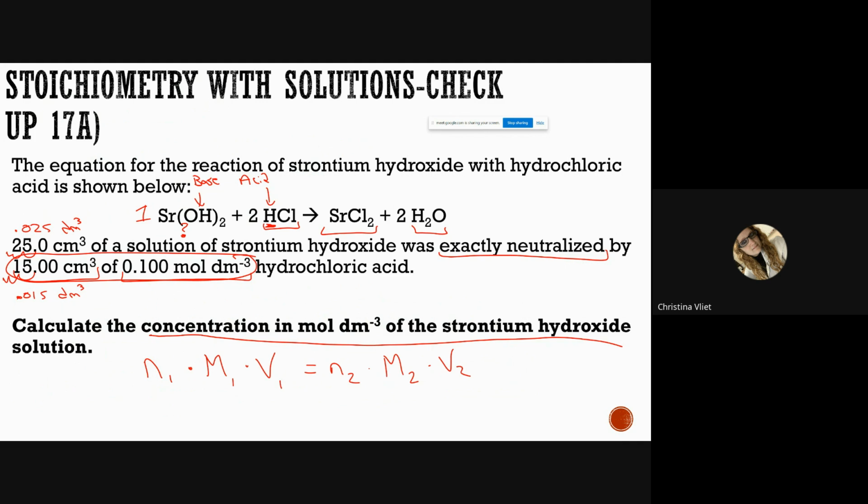One side would be for the acid, and the other side would be for the base. You may want to write that down. Little n stands for the amount of H+ or OH- in the chemical formula.